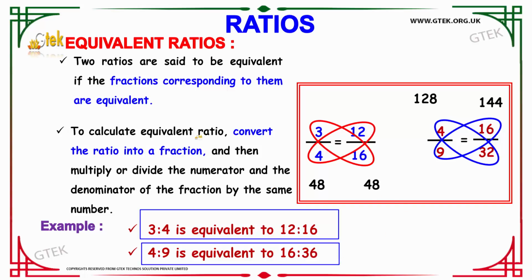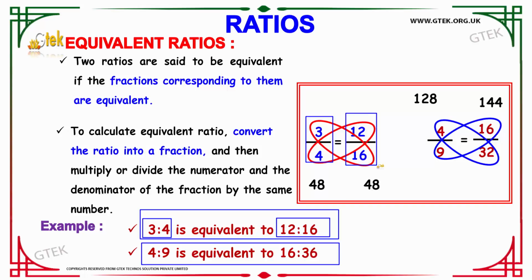As we have seen before, in order to deal with these kinds of equivalent ratios, we have the conversion as the first step. So 3:4 is represented as 3 divided by 4, followed by 12:16 represented as 12 divided by 16.